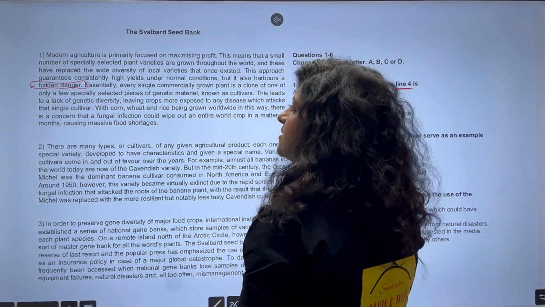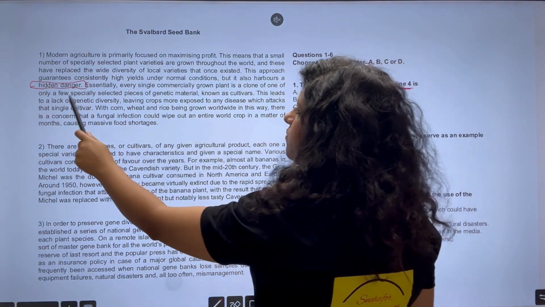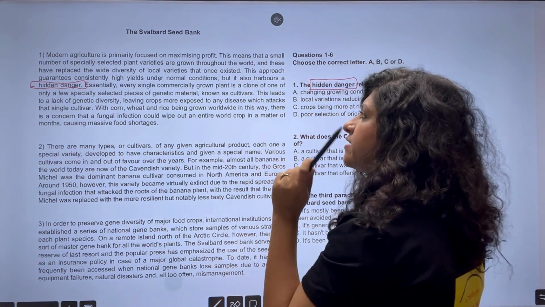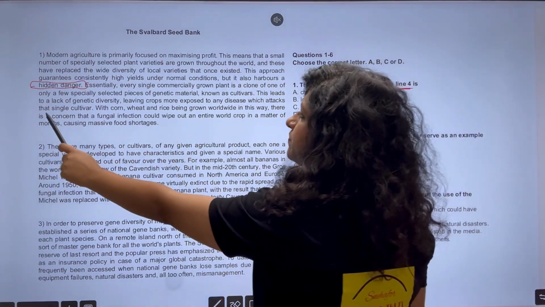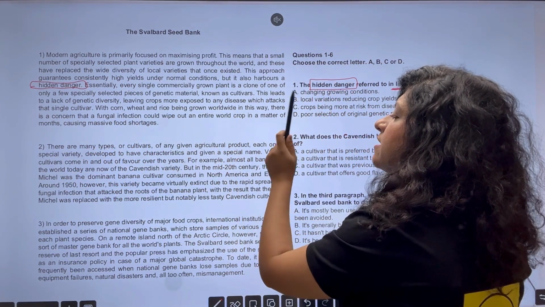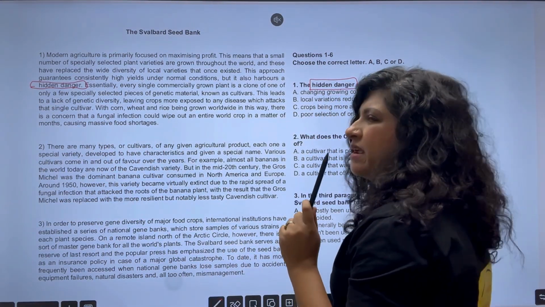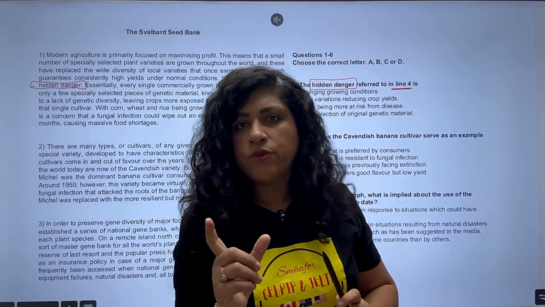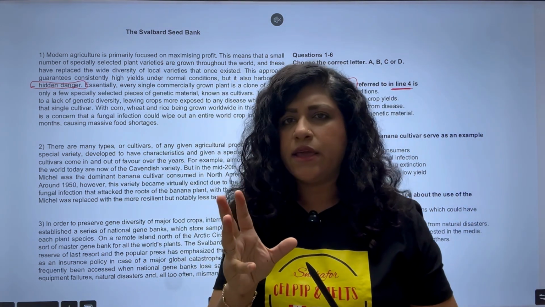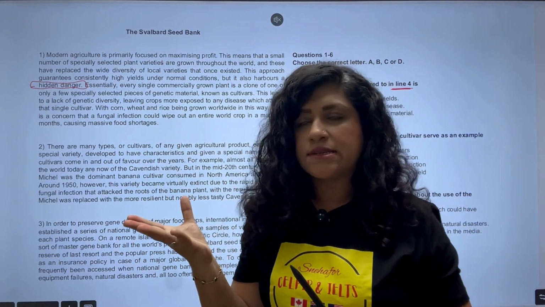So the next line says, essentially, every single commercially grown plant is a clone of one of only a few specially selected pieces of genetic material known as cultivars. These lead to a lack of genetic diversity, leaving crops more exposed to any disease which attacks that single cultivar. Now, danger is a negative term, we know that. And in the following lines, do you see any negative thing? Do you think there is something negative being discussed, kind of a danger, a risk?